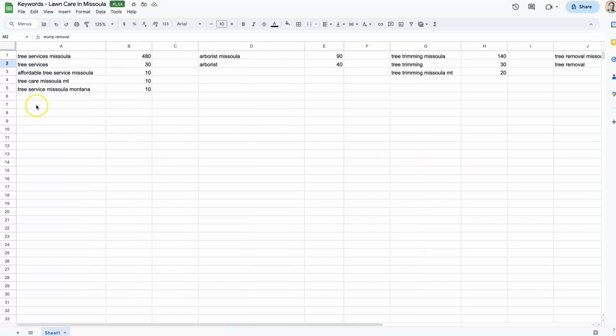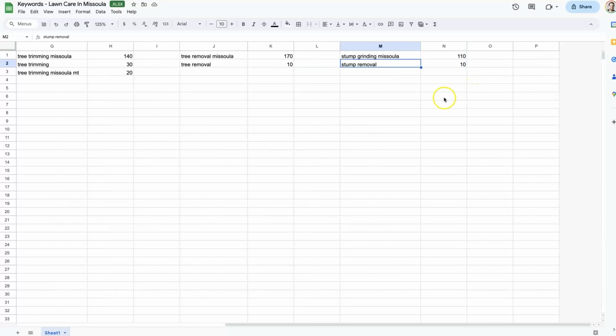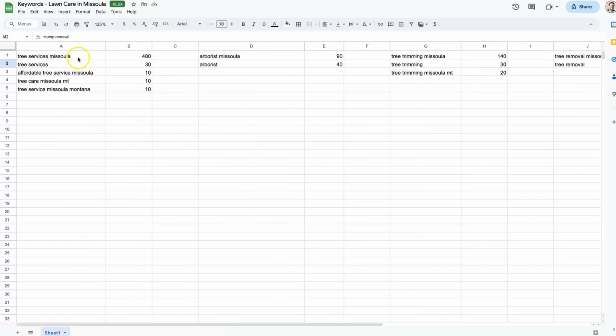Now, when we go to set up Google Ads, we would have one campaign, and then 5 different ad groups. And in each of these ad groups, we would have a set of keywords, right? So this ad group, we would have these keywords, and then the ads that are in that ad group would also talk about tree services.